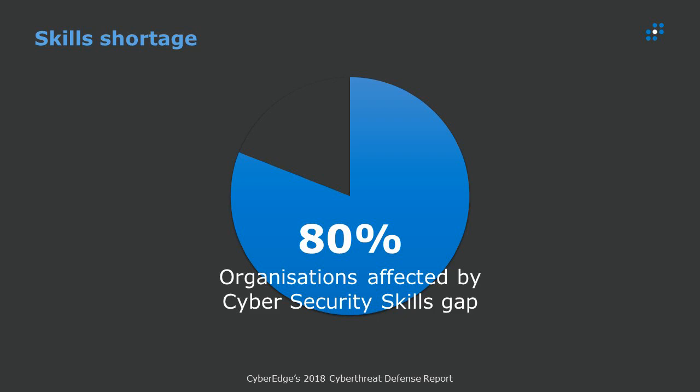They couldn't actually hire the people that they needed, whether it was security administrators, whether it was security operations center staff, and so on and so forth, in order to defend their organizations. And when you've got a skills shortage, you can't hire the people that you need, then the approach has got to be, well, perhaps we've got to get the technology to do some of this for us. And that's one of the big drivers here.